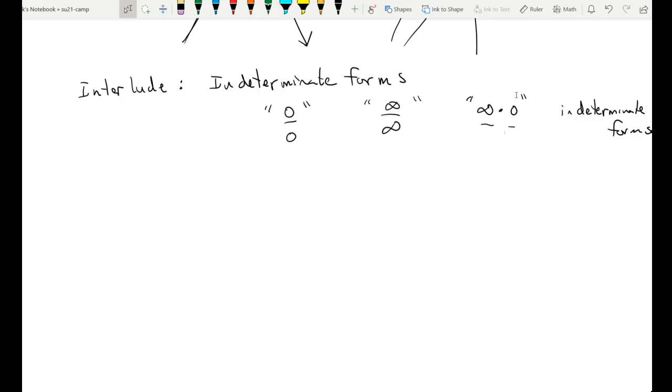An example of this would be when we try to compute the limit as x goes to infinity of x times sine of 1 over x.